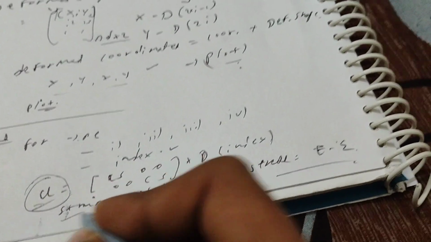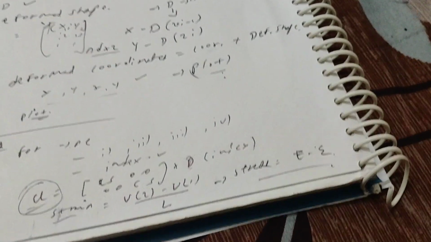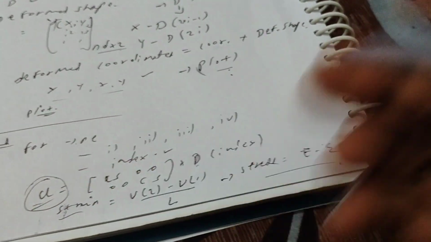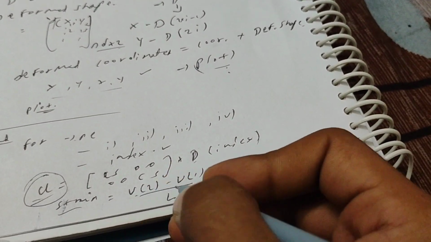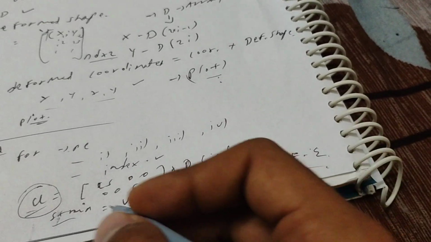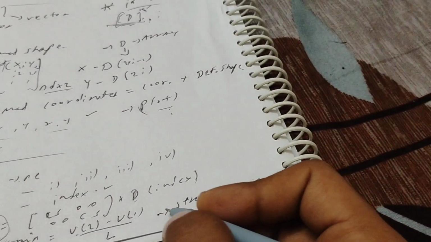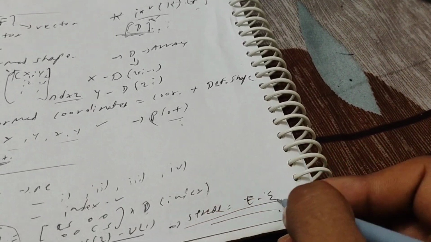Then strain is equal to u2 minus u1, divided by L. It will give this strain, and when you multiply it with the Young's modulus, you will get the stress. So here it will complete your problem.